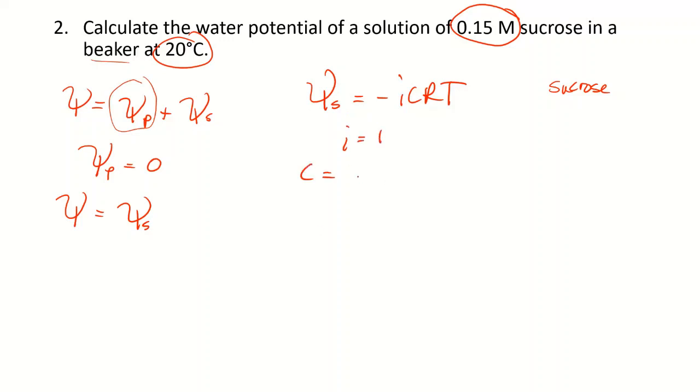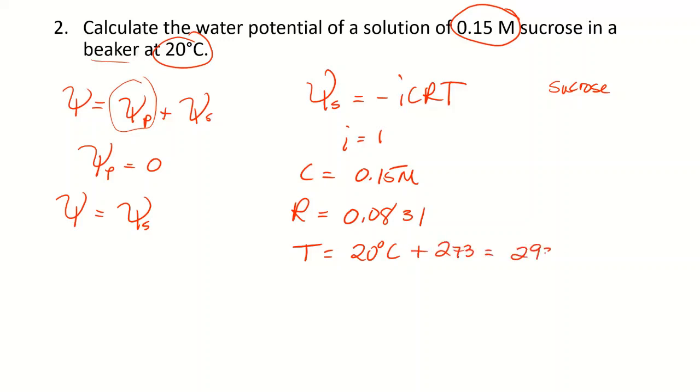C is our molar concentration, 0.15 molar. R is that constant, it's always 0.0831. And T is our temperature in Kelvin. So if we're given our temperature in Celsius, we need to add 273 degrees to it. So that's going to mean that our temperature is 293 degrees Kelvin.